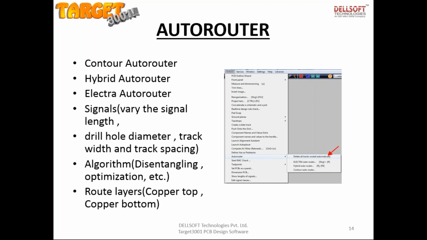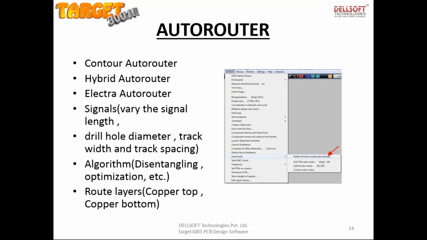It has been provided according to the complexity of the circuit. If you have a very complex circuit, you can use Electra auto router. Okay. So there are various parameters, drill hole diameters, algorithm you can define in the auto routing. Routing layers you can define, copper top or copper bottom. There are various parameters. I'll just show you in the software part.